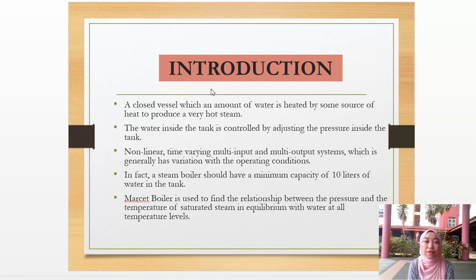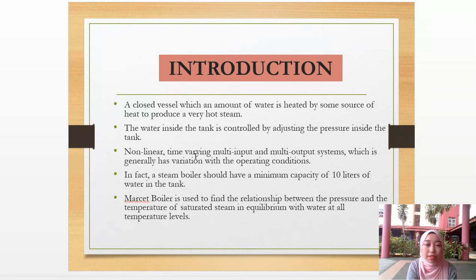The introduction of this experiment is to explain about the steam boiler system. A steam boiler system is a closed vessel in which an amount of water is heated by some source of heat to produce very hot steam. The water inside the tank is controlled by adjusting the pressure inside the tank.